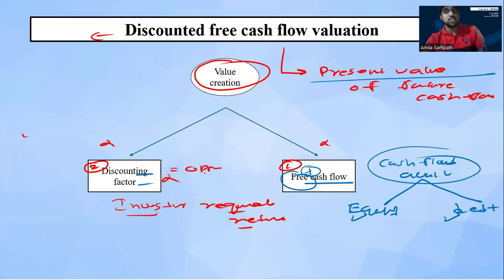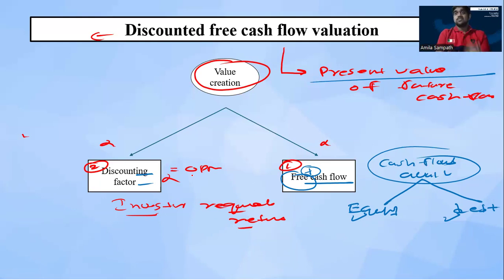We can say it is the opportunity cost of the investor's invested amount. Simply, the investor's required return. Actually, this discounting factor mainly tries to associate the risks of the investment with our valuation, because we need to derive the value from our investor perspective.